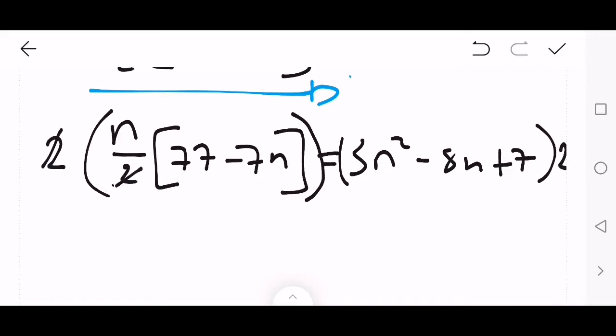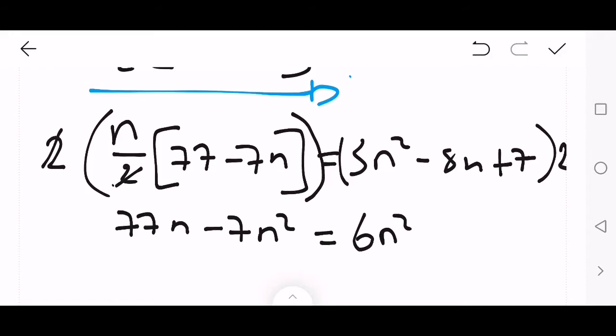Now we'll be left with n times 77, so that's just 77n. n times minus 7n, that's minus 7n squared, equals 2 times 3n, that's going to be 6n squared. 2 times minus 8n, that's going to be minus 16n, and 2 times 7, that's just going to be plus 14.